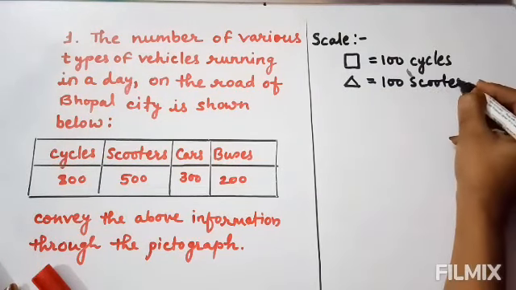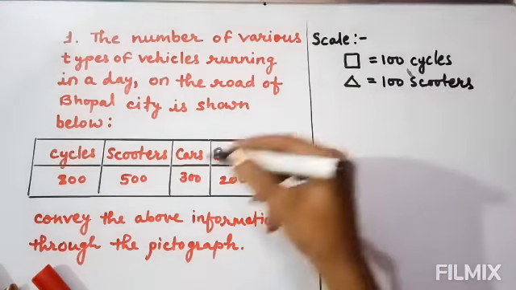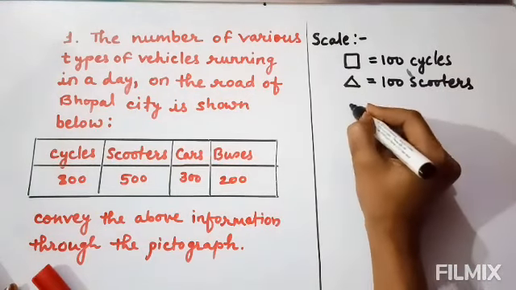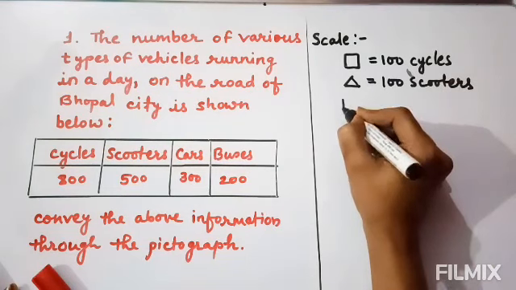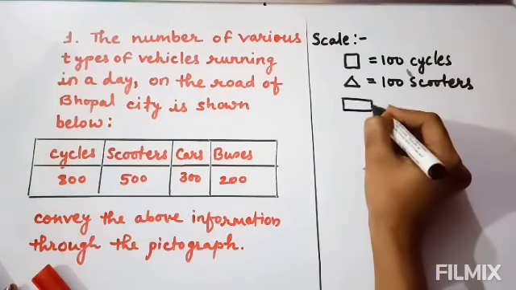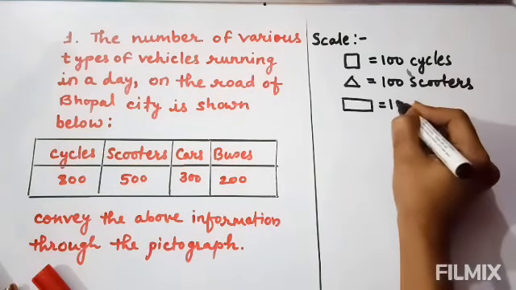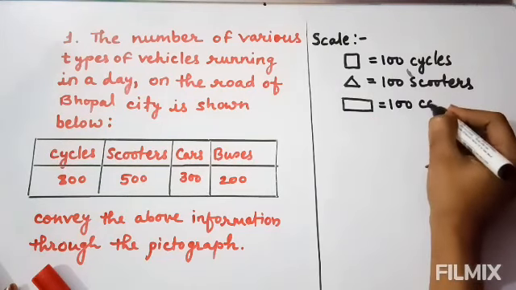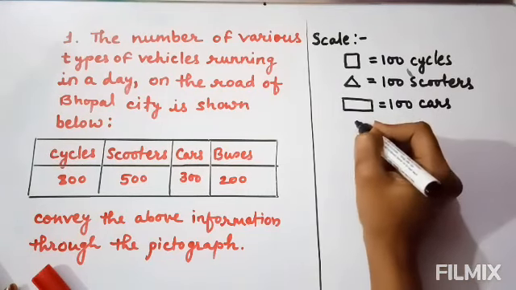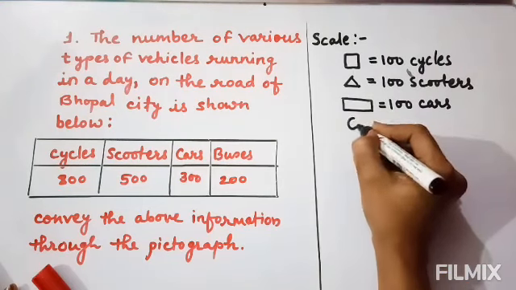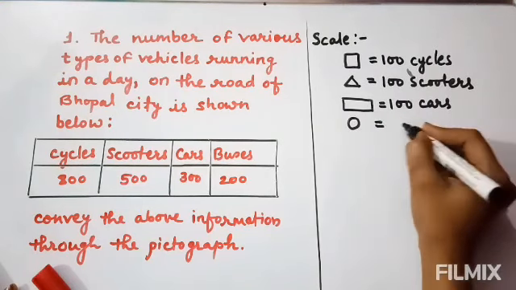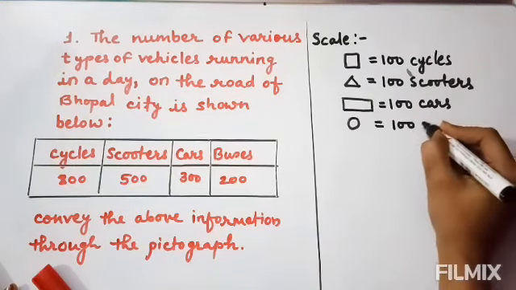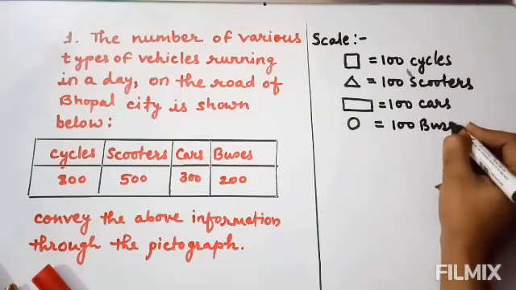These are the symbols I have chosen to represent the given vehicles. Now I will choose a rectangle for 100 cars, and a circle for 100 buses.